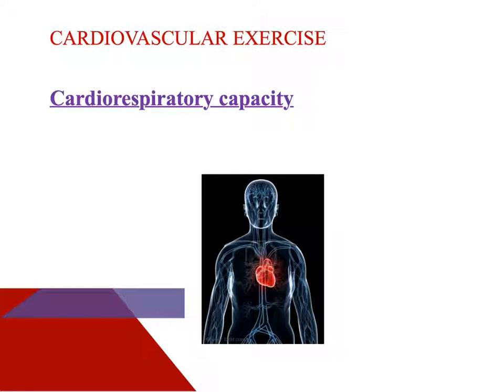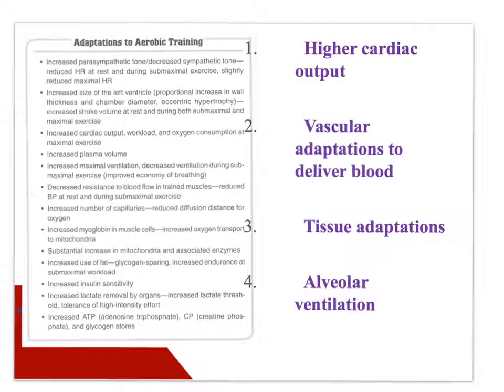Well, cardiorespiratory capacity is the maximal ability of the body to perform large muscle movements or large muscle dynamic exercise or work. So there's a lot of adaptations when we utilize aerobic training. As you can see, you could pause this video and slide and look a little closer about increasing the size of the left ventricle, which is a positive response or a positive hypertrophy.